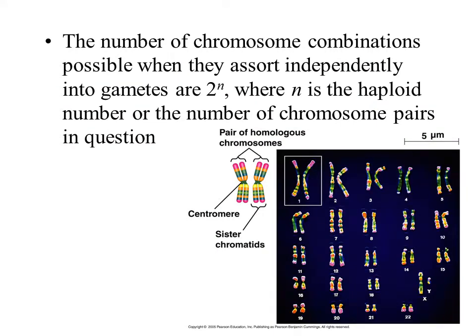The number of chromosome combinations possible when they assort independently into gametes is 2 to the n power, where n is the haploid number, or the number of chromosome pairs in question. Let's do a couple of examples so I can make sure you clearly understand this process.